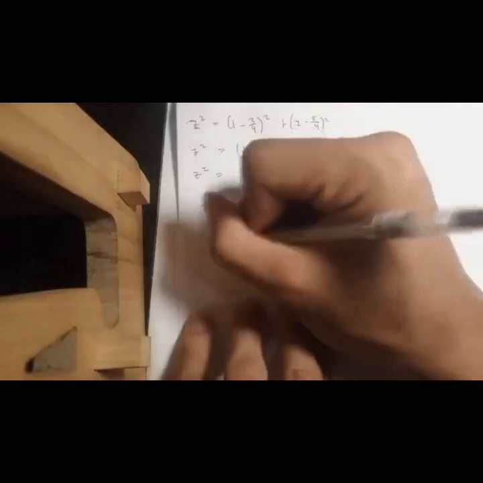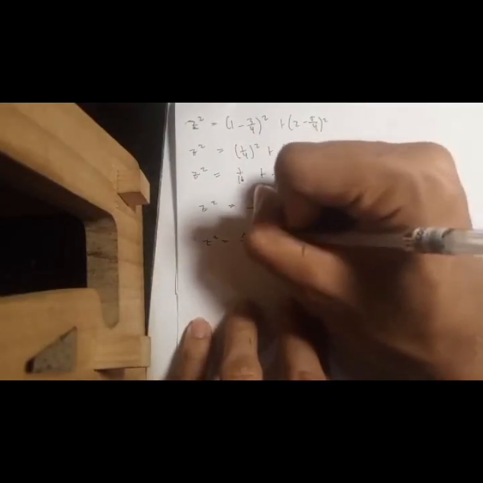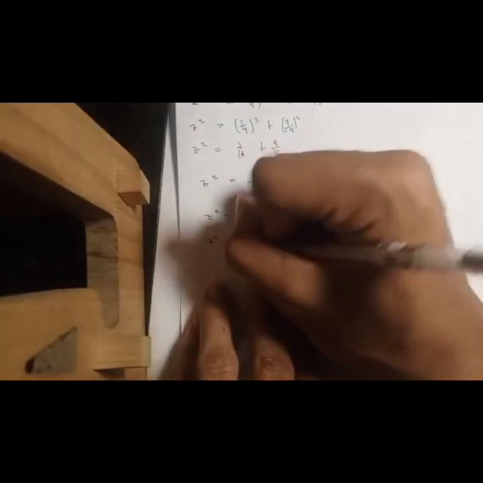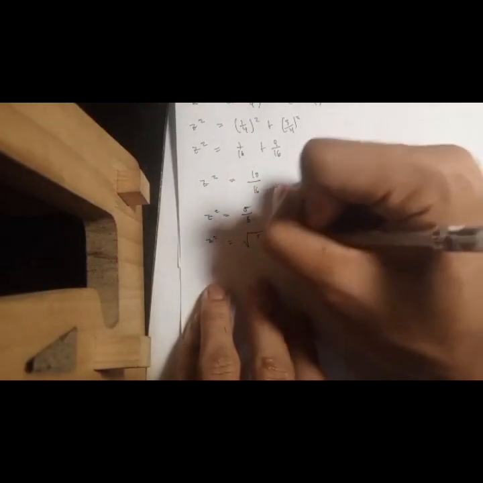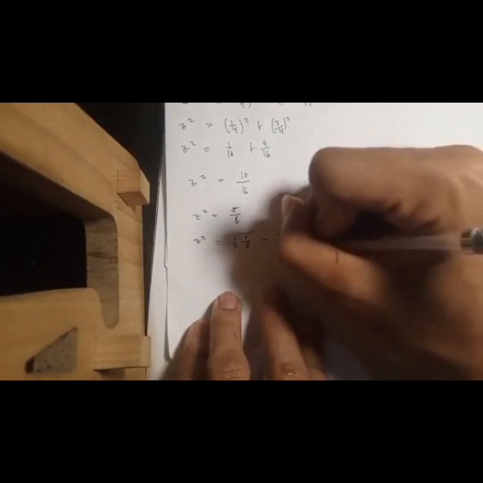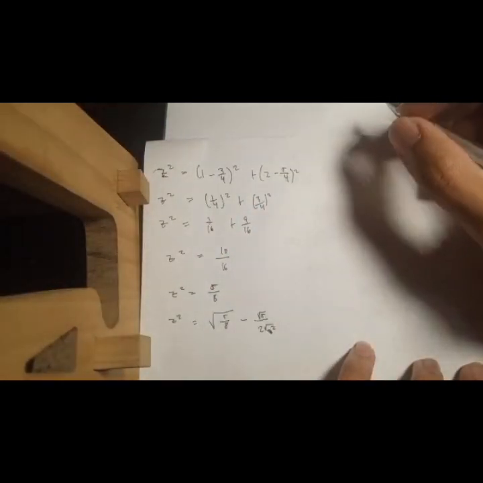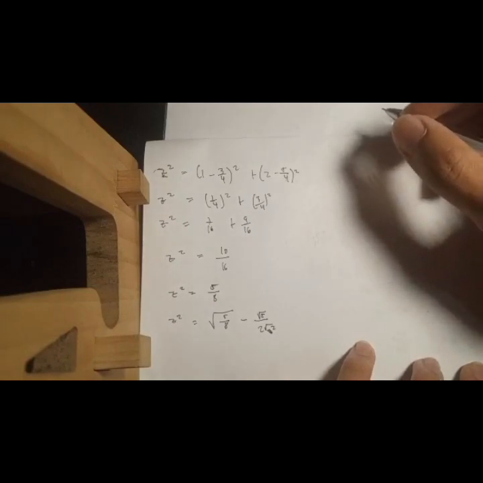Next is z squared is equal to 5 over 8. The last one is z equals root 5 over 2 root 2. Now we plug z equals root 5 over 2 root 2 into dz over dt.